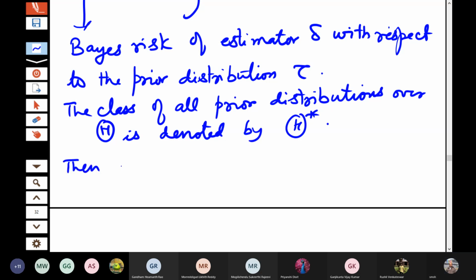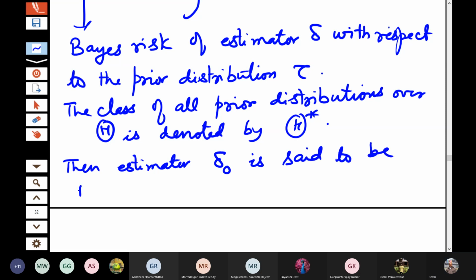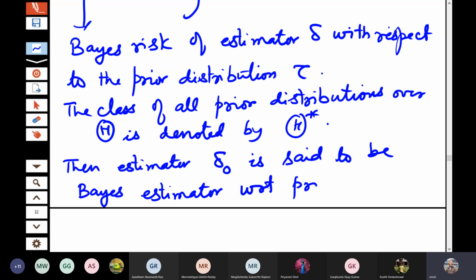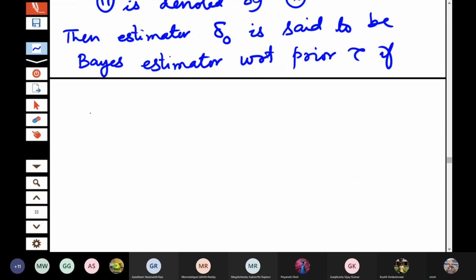Then estimator delta naught is said to be Bayes estimator with respect to prior tau if r tau delta naught is the minimum of all the Bayes risks.